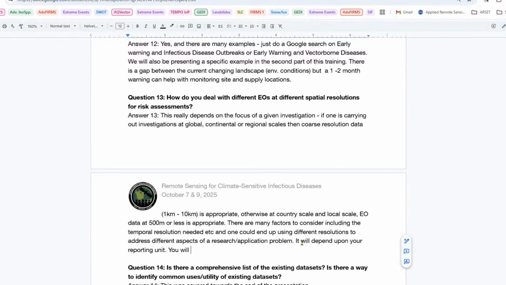And there are very many ways of doing it. I'll give you an example. If you're going from 30 meters and you want to aggregate to 250 meters, there are many ways. You can go by average. If you're looking at 30-meter vegetation greenness, go to 250, you do an average, and that's a reasonable representation.